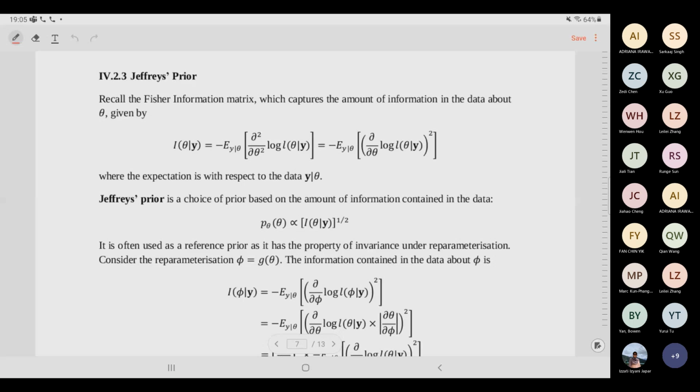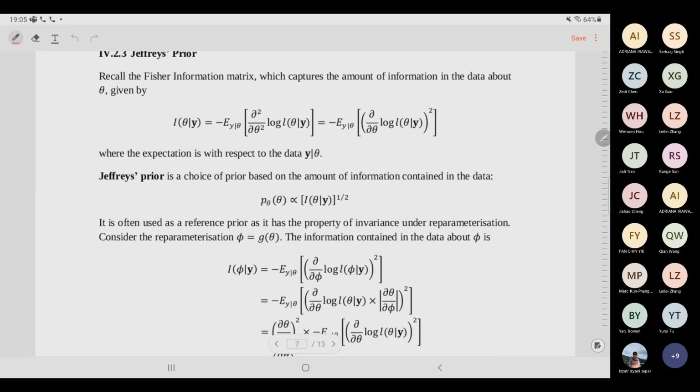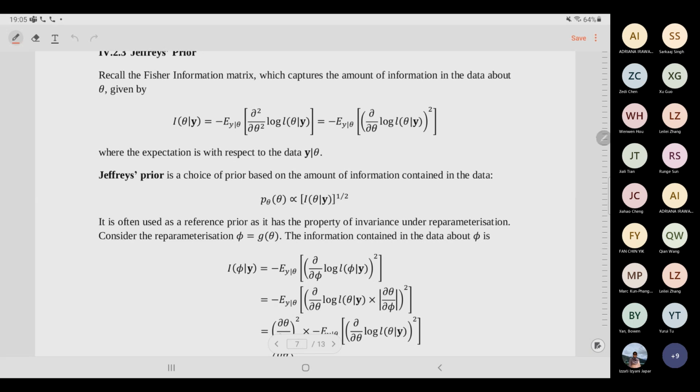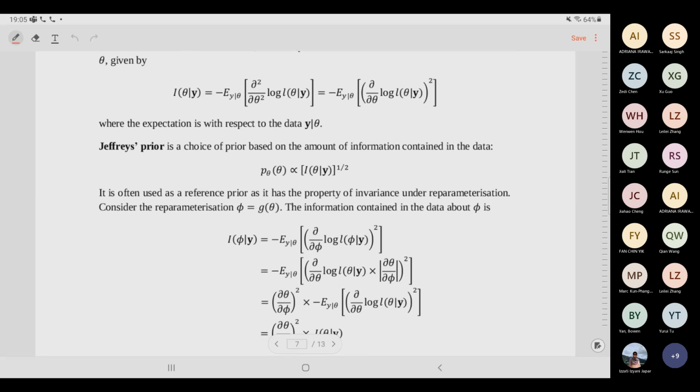You have to differentiate the log of the likelihood, either differentiating twice, or differentiating once and squaring, and you find the expectation, and then you get the Fisher information. The Jeffreys prior is proportional to the Fisher information matrix to the power of 1/2, the square root.